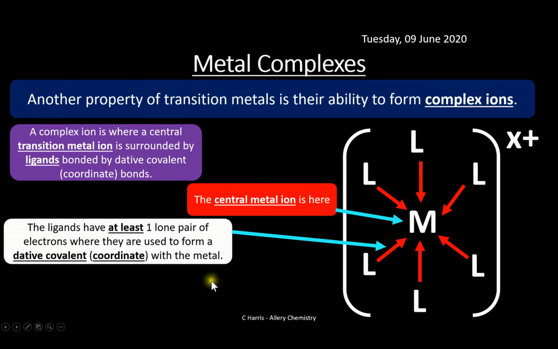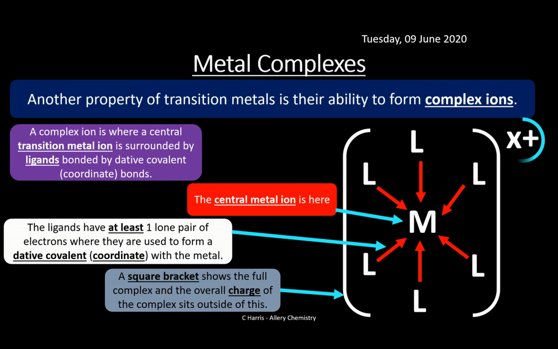And this is where electrons come from one species, in this case the ligand, and they're donated to the central metal ion in the middle here. So that's quite unique in that they form this coordinate bond, this dative covalent bond. Complexes as well, generally, not always, have a charge, as you can see on the top there. And they actually have a square bracket, and the square bracket basically shows the overall charge of the complex.